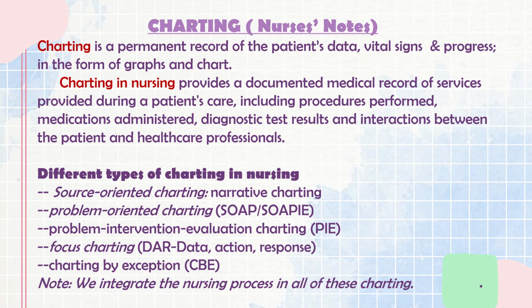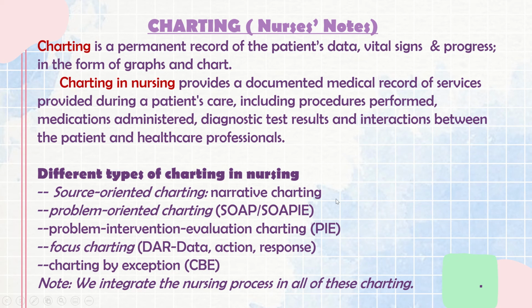Now, we have different types of charting in nursing. Depending on your institution, ito yung different types of charting na commonly used by nurses. Okay? So, we have source-oriented charting, and one type is narrative charting.